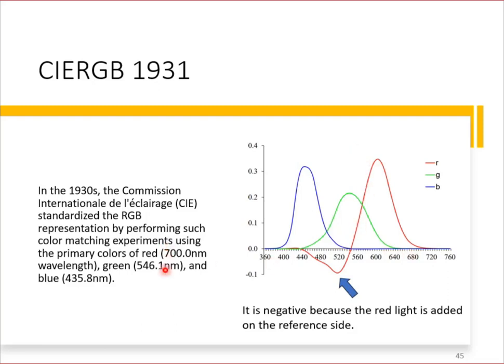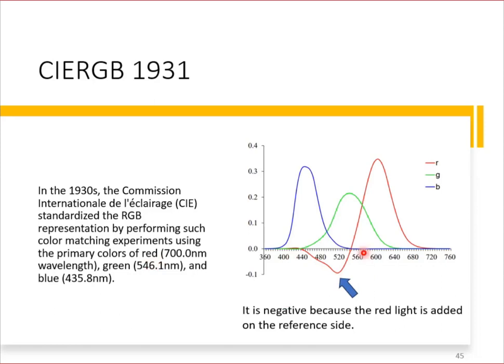The green light wavelength is 546, and then the red is 700. Right, so this is the combination. So now you get the number. For any specific light wavelength, you can replace it by 3 other wavelengths.